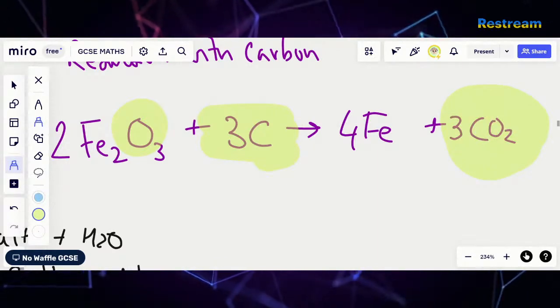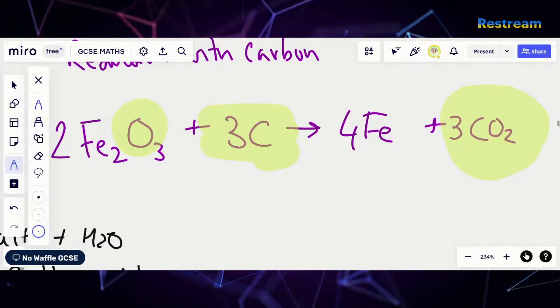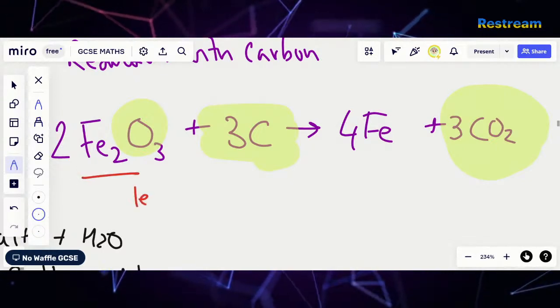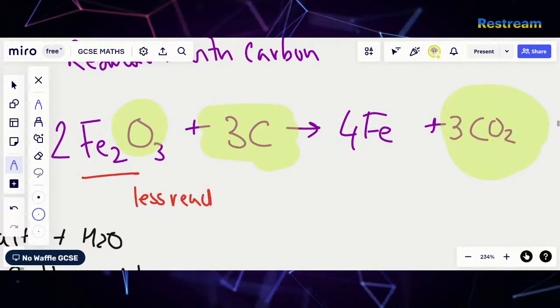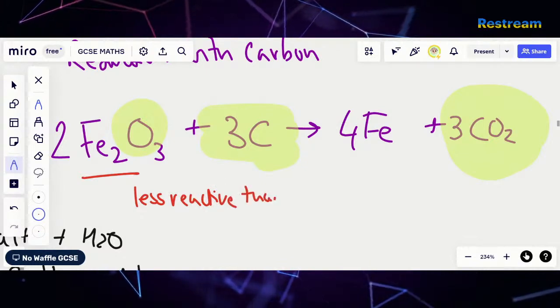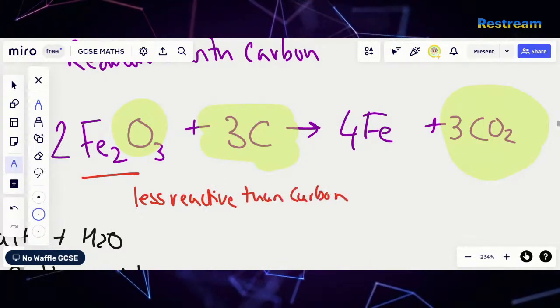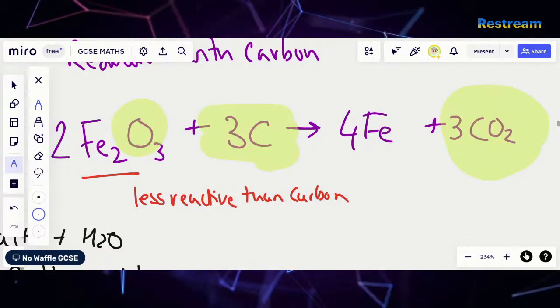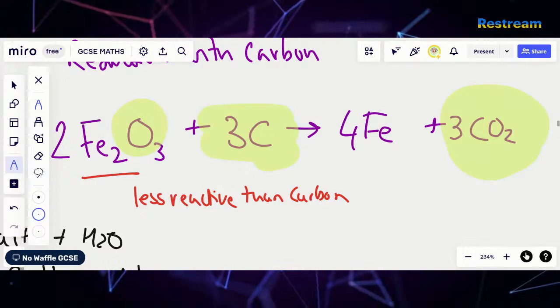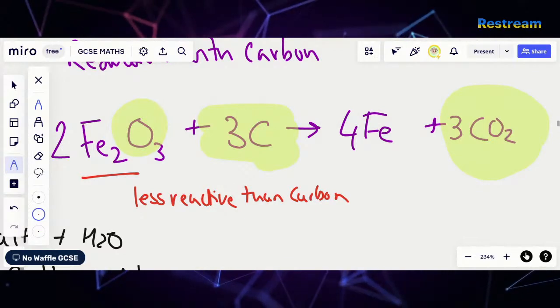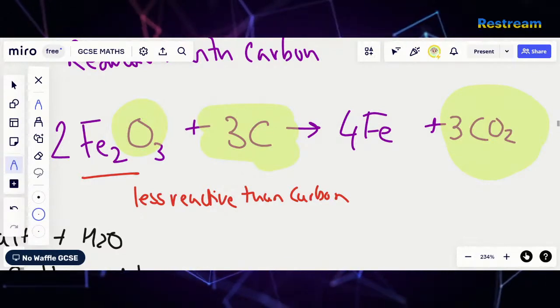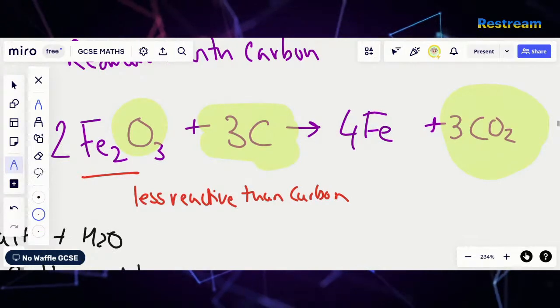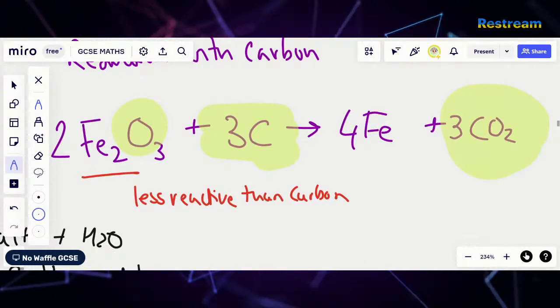But this works if the metal in the iron ore here is less reactive than carbon, because oxygen will only ever want to go with the more reactive element. So if iron were more reactive than carbon, the oxygen would never move to carbon, if that makes sense.